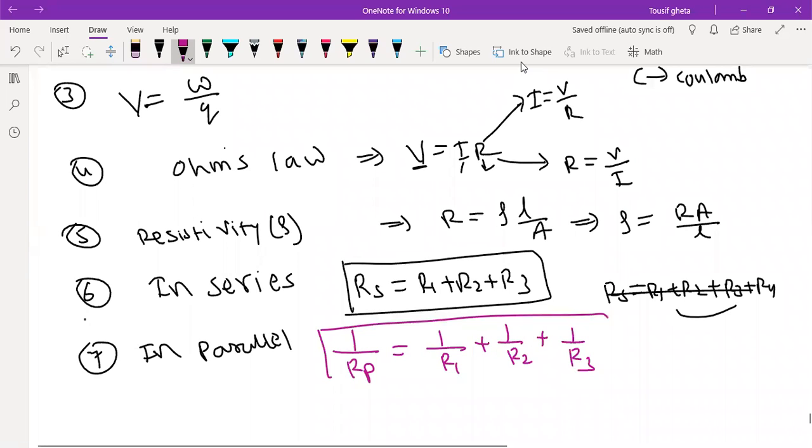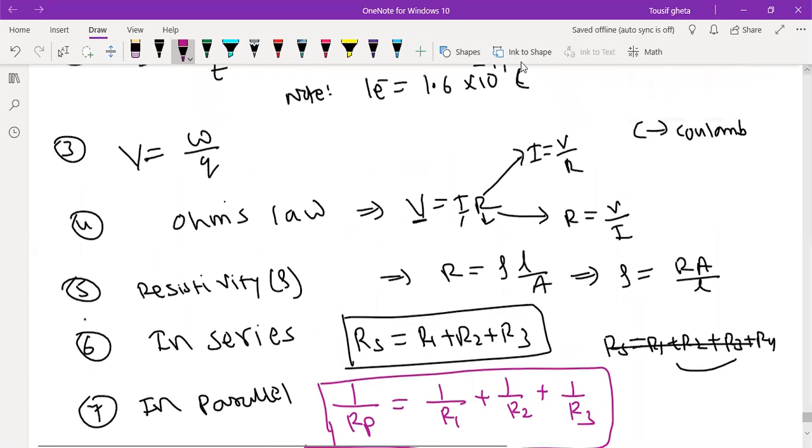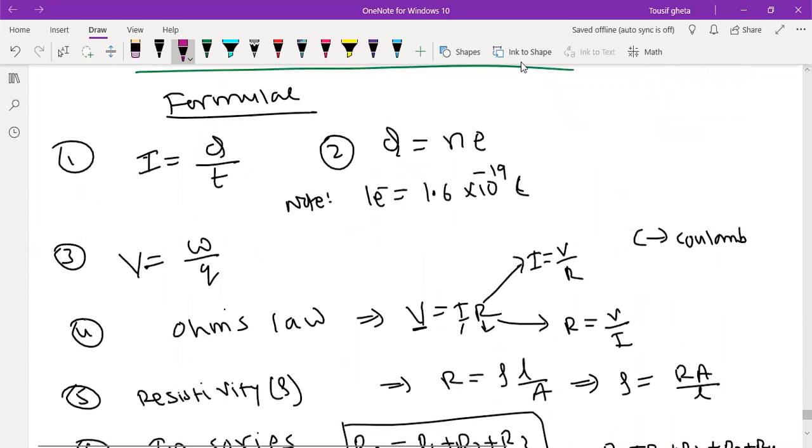So this is for parallel. So these are the formulas. Before we go for any numericals, you should know all this. If anything extra comes, we'll let you know in between.